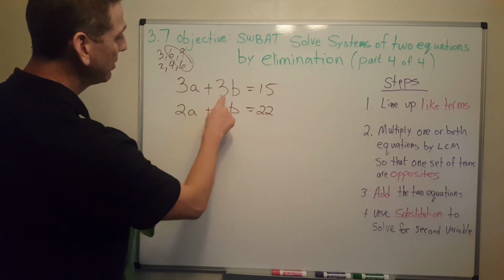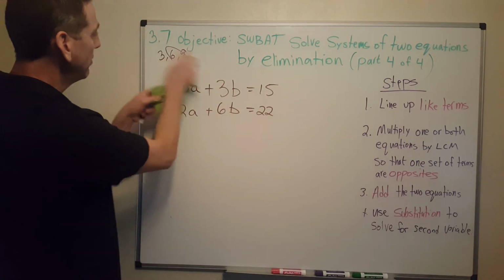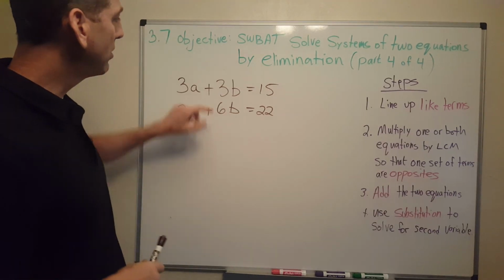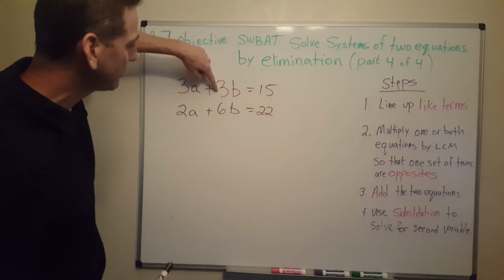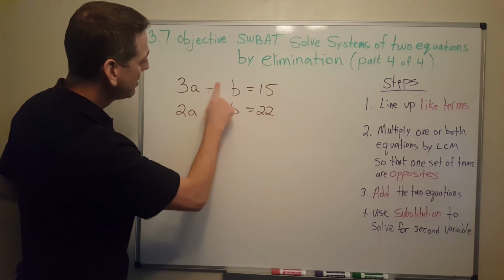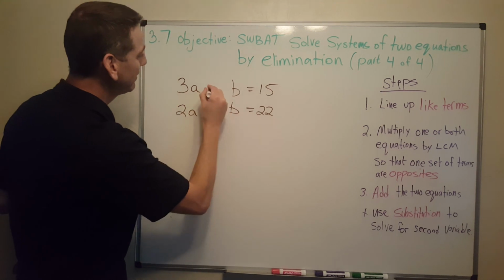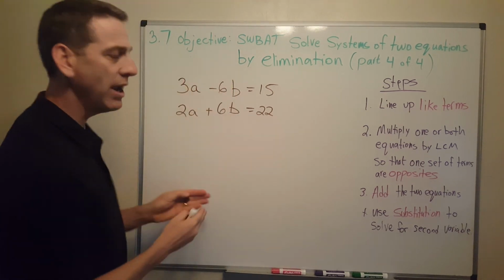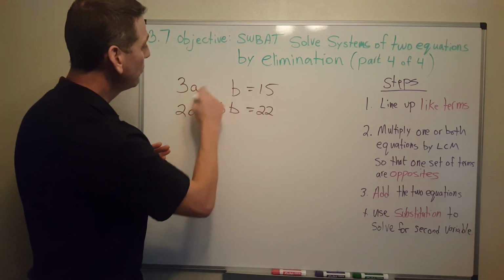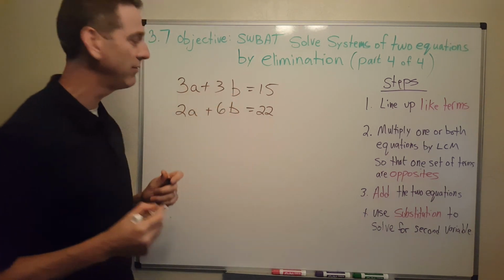All right? Look at the 3 and the 6 on the B term. I need this to be a negative 6, right? If that was a -6 like that, I'd be perfect. It would all be lined up opposites. But it's not a 6, it's a +3.